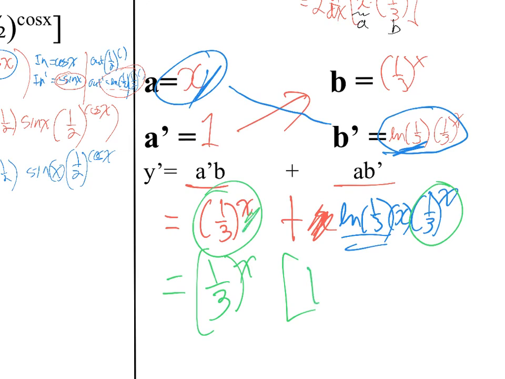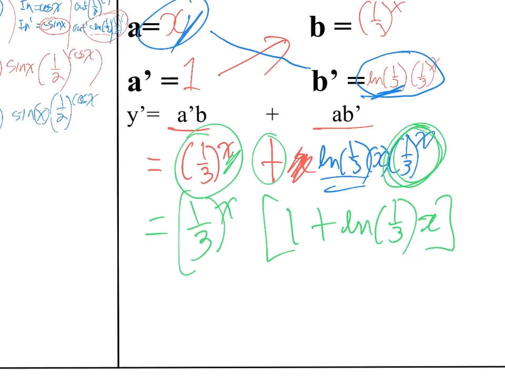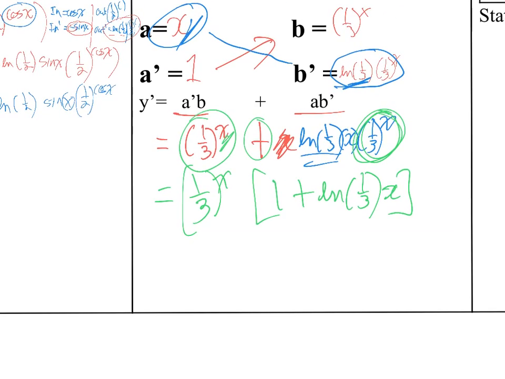That's 1. I've got my plus sign, and then again I'm dividing that out, 1/3 to the x. So I'm left with ln 1/3 multiplied by x. Okay, and that would represent a simplified version.